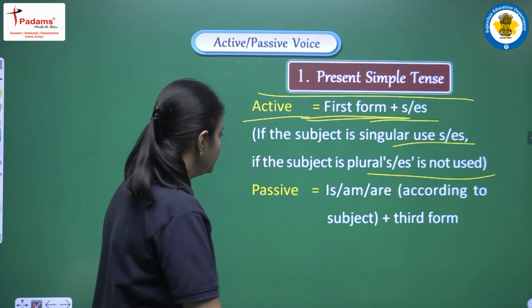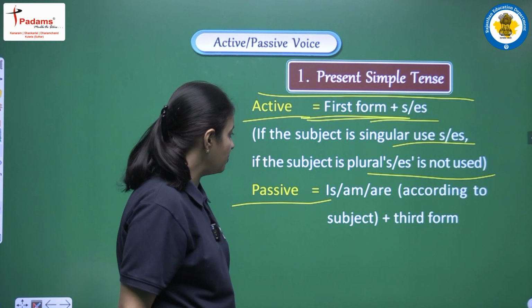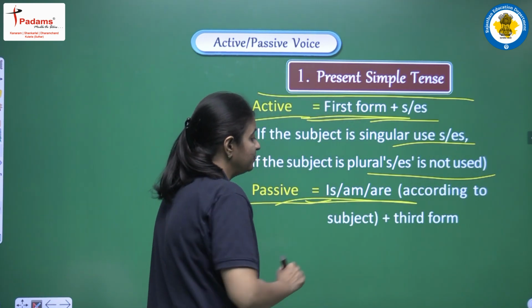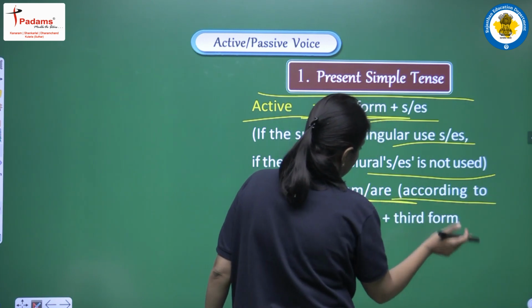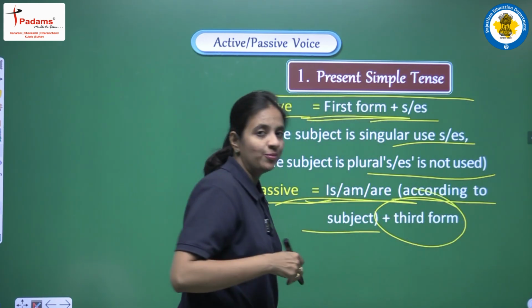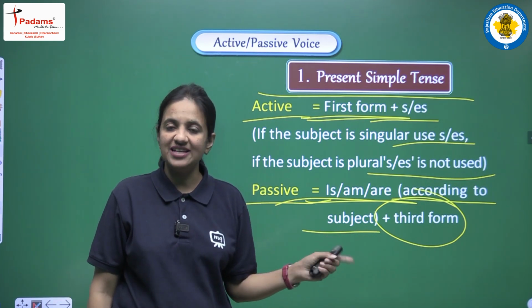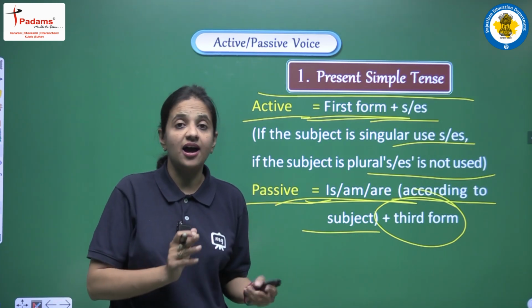So see here. In the passive voice sentence we have to use is, are or am according to the subject, and then we have to add the third form, that is very obvious, right? So if we have present simple tense then we have to use is, are or am.